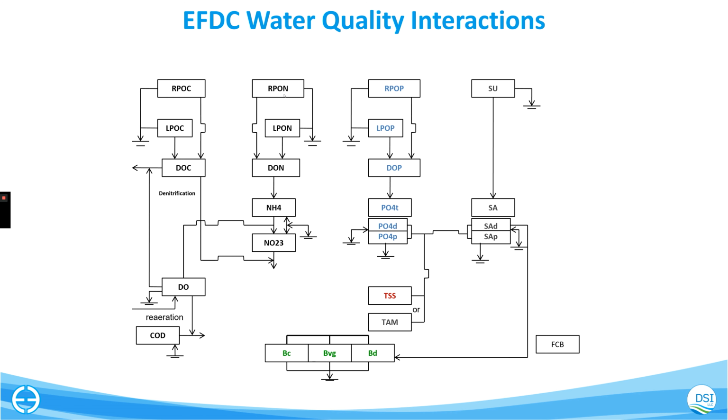Anyways, I know what I was talking about: measured water quality variables versus the variables that we actually have specified in the actual kinetics of the ICM model. We have in our documents typical ratios.